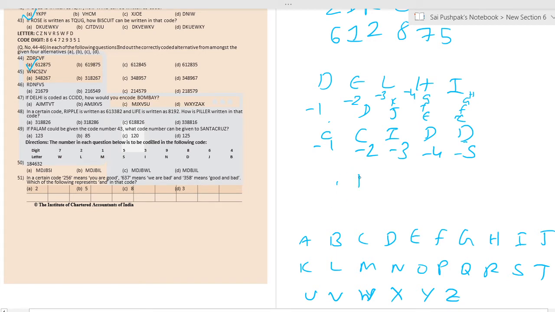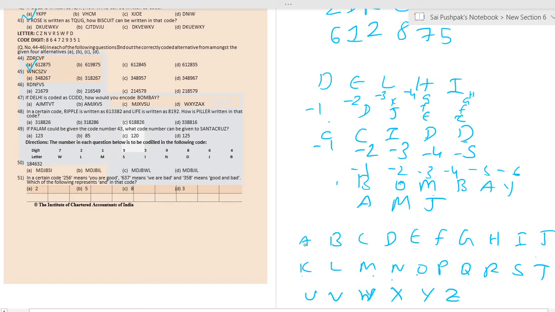So in order to code Bombay, this is -1: B -1 is A, and O is -2. So O -2, O 2. Okay. M -3. This is M: 1, 2, 3. This will be J. B -4. This is interesting, guys.